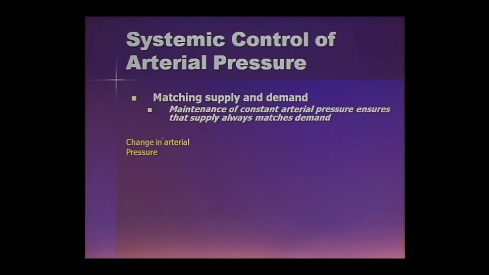Okay. If we are matching supply and demand, what we are doing essentially is maintaining constant arterial pressure in order to assure that supply is matching the demand. So some change in arterial pressure is going to be reported to the brain.